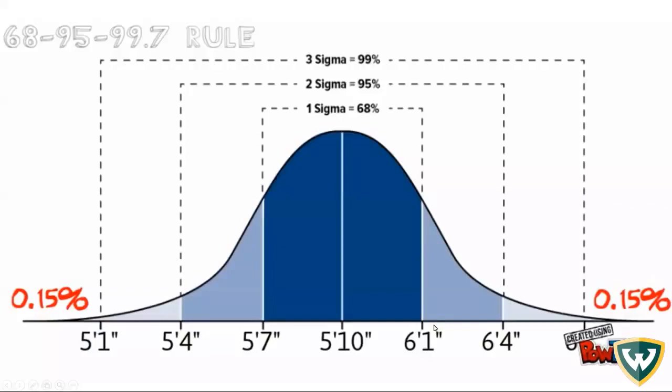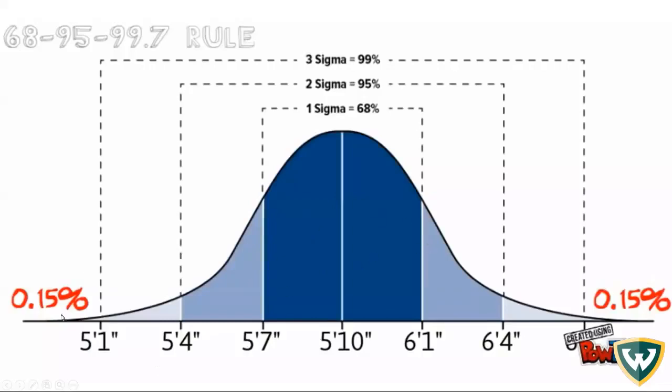This makes sense, right? Similarly, 95% of males will lie within 5 feet 4 inches and 6 feet 4 inches, brackets here. So most of my population will be measuring around here.